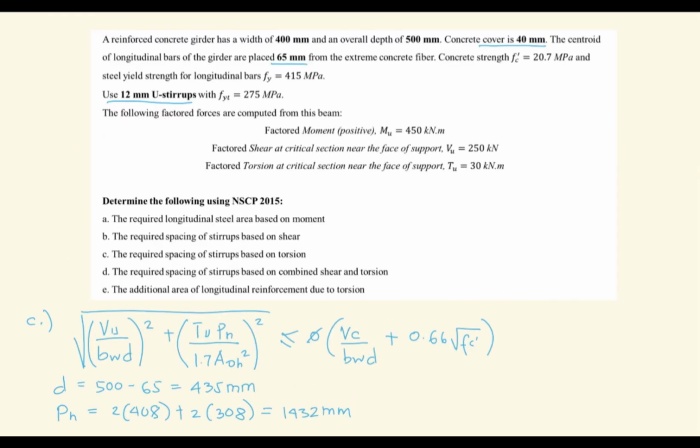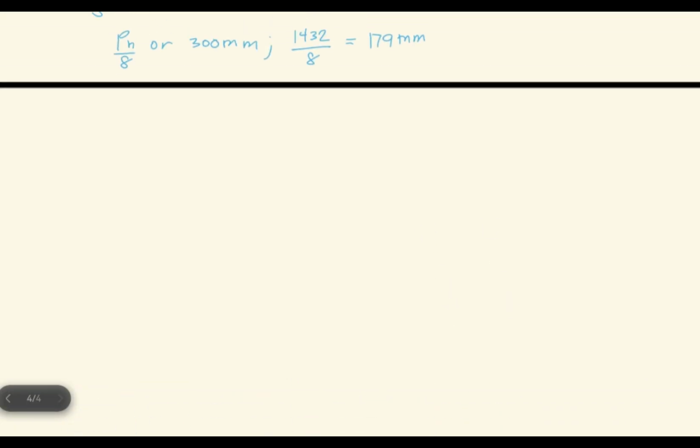Now, focusing our attention on satisfying the requirement of item D, that is the spacing of stirrups based on combined shear and torsion. We'll then have this relationship. We have Av plus 2At divided by s.